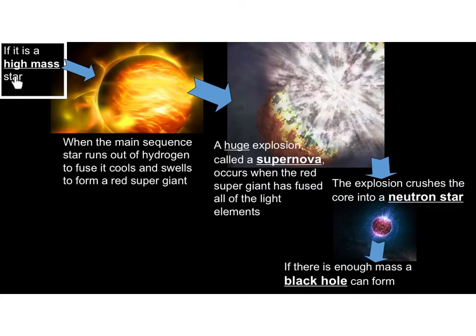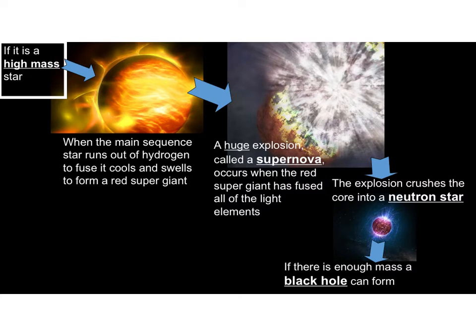Okay, if it's a high mass star, so we're looking at over 1.5 times the mass of the sun, when it runs out of hydrogen, it cools and swells to form a red supergiant. A huge explosion then takes place after the red supergiant stage, when it's run out of light elements, and a supernova occurs.